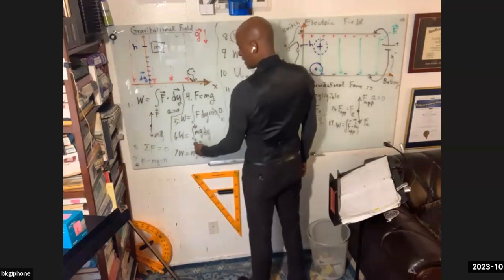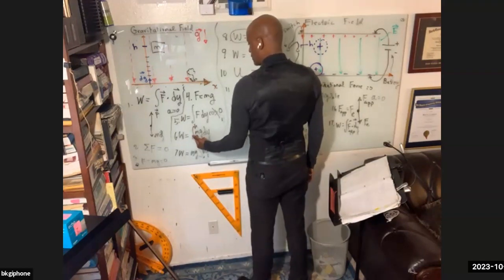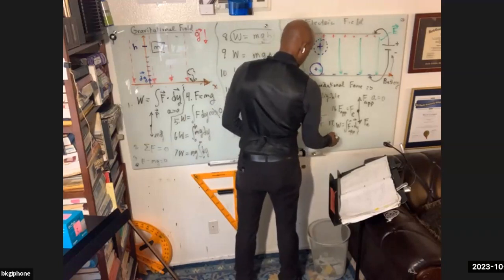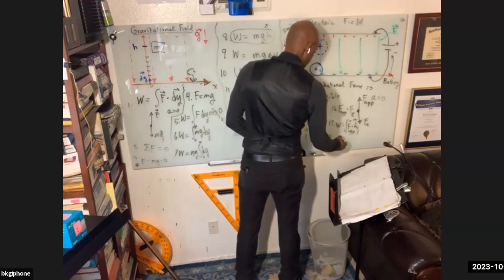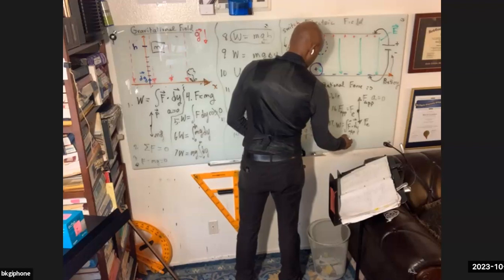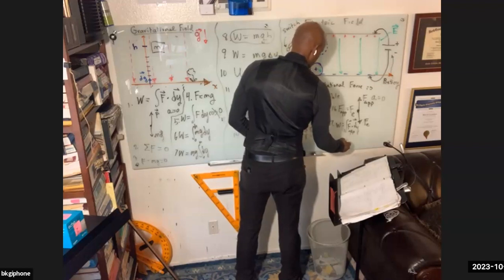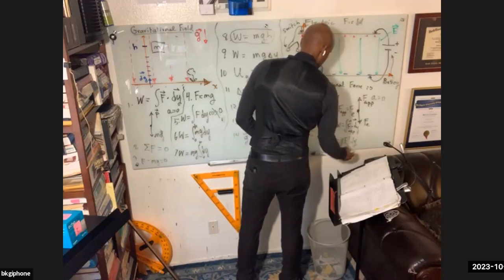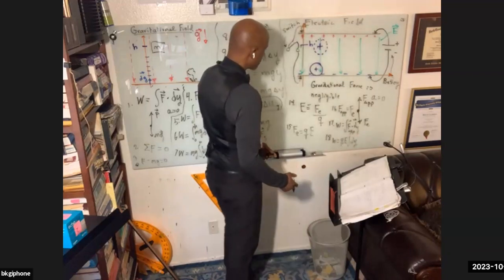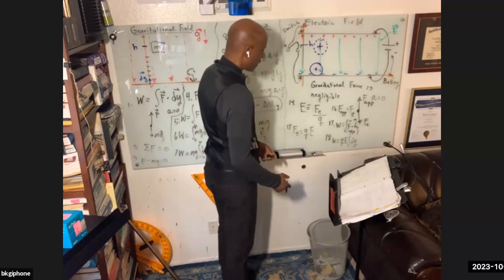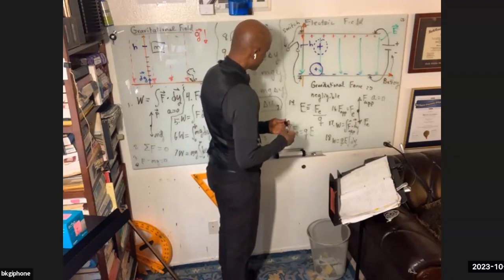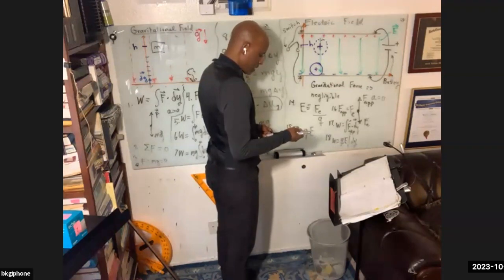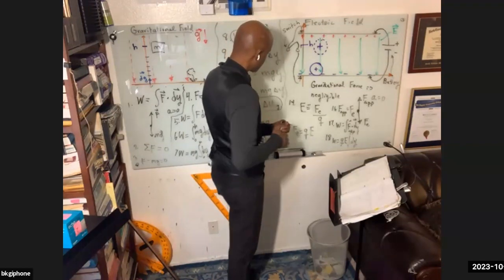Whereas here I had the integral from 0 to h of mg dy, here I'm going to have Q times E times the integral of dy. So that just integrates to d, and I said I was going to make it d because people normally do that. It just has a good ring to it because of the result that we get.